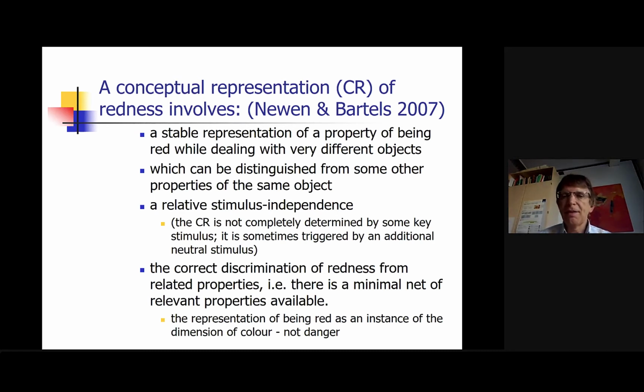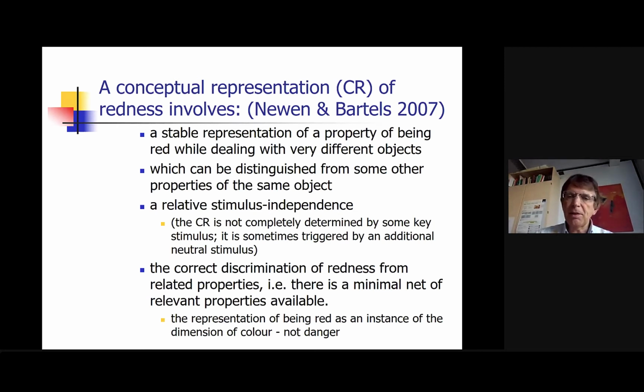So if you have different objects, then you should be able to recognize the color red as instantiated in these different objects. The other way around, focusing on one object, having the same perceptual input, you should be able to distinguish some other properties of the same object, so that it is red, round, and wooden.